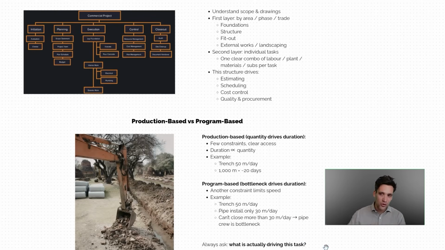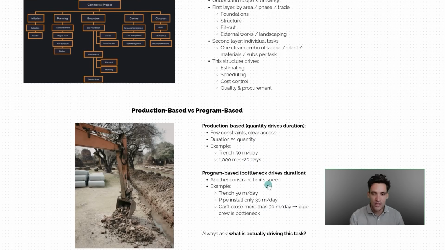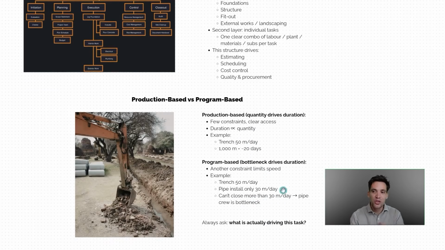That means the civil crew is limited by the speed that the pipe install crew is going. So they can't actually do more than 30 meters of trenching and backfill per day. So even though their actual productivity rate would be 50 meters per day, they're limited by the program of the pipe install. So the productivity we would have to use in this is 30 meters per day. So instead of allowing for 20 days for this task, we would need to allow for whatever 1,000 by 30 is, which I think is like 33.